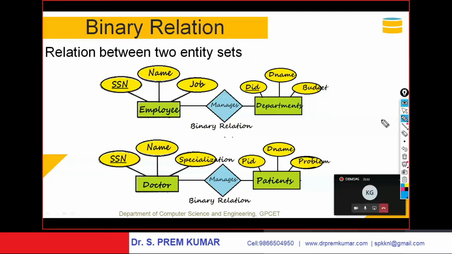For example, employees are working for departments. In a company, you are asked to create a database. When you are asked to create the database, first you need to study what there is in this company. There are some departments, and in each department, employees are working. This is what you noticed.